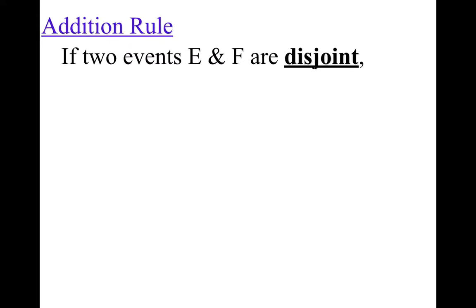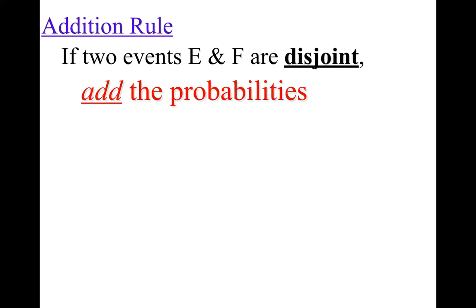We talked about those on Monday. For disjoint events, we add the probabilities. It's called the addition rule. You add the two probabilities, or three, or whatever it is, together.